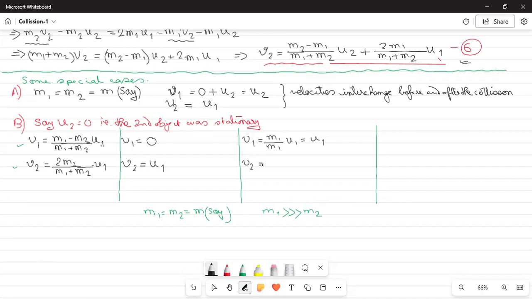V2. Here, M1 is very, very large. So 2M1 by M1, because here M2 is ignored in comparison to M1.